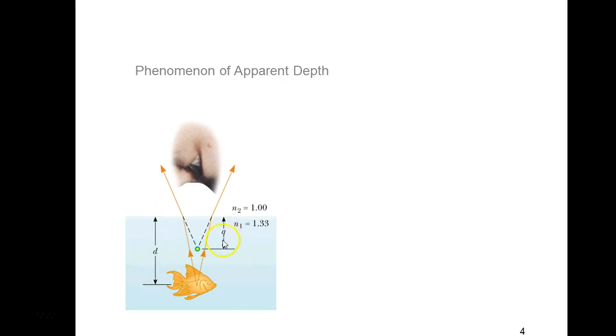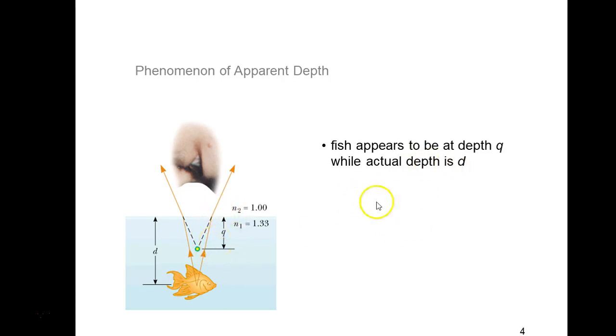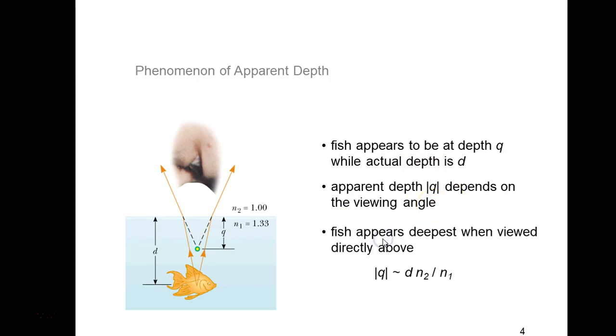The image distance is Q, right? And the fish will actually appear to be at this depth of Q, really absolute value of Q, if we're sticklers, okay? While the actual depth is D, and that apparent depth does depend on the viewing angle.